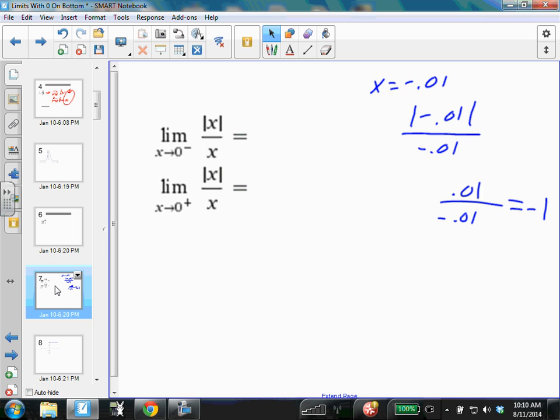Well, what if we got even closer to 0, though? What if we picked, like, negative 0.000000001? Then what would happen? Right. So no matter what number we pick to the left, when we take a little bitty negative number and plug it into this problem right here, because of the absolute value, the top part's automatically going to switch from a negative to a positive, while the number on bottom is going to remain negative.